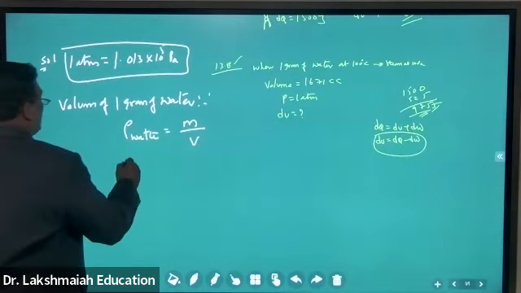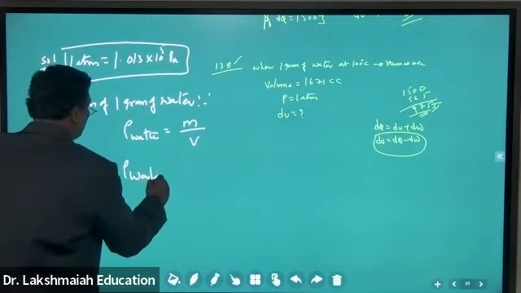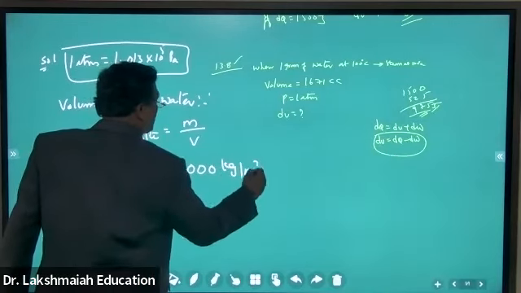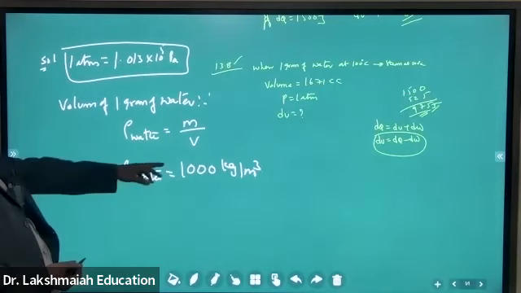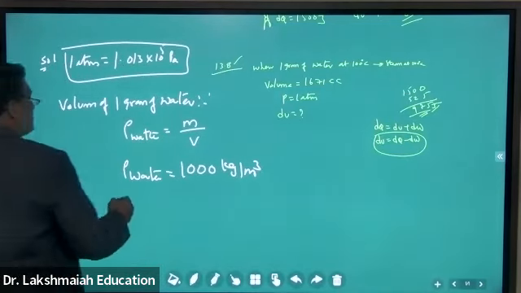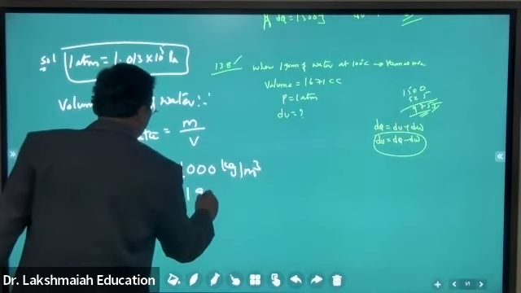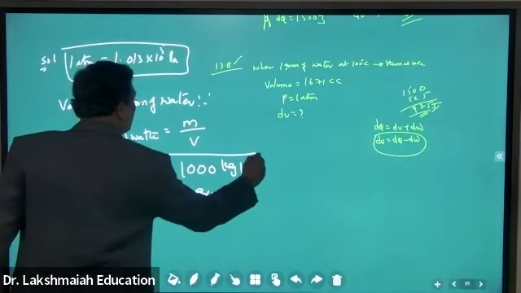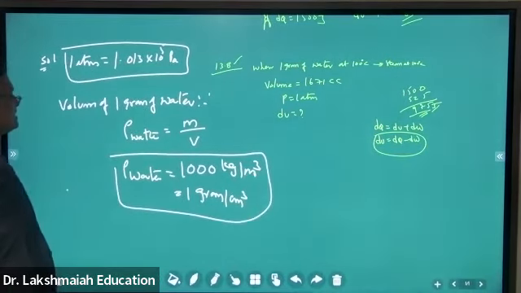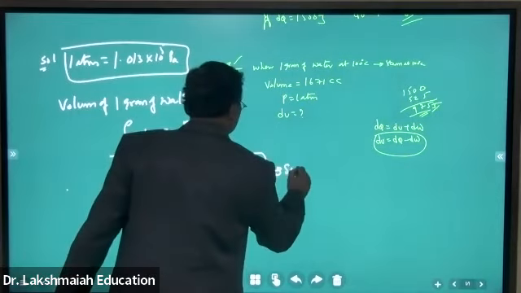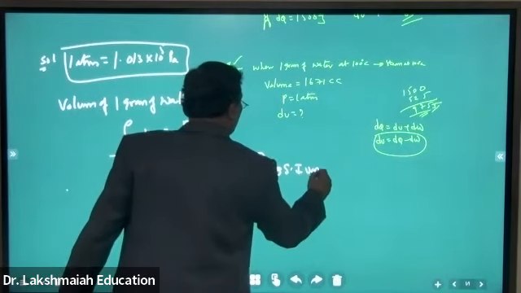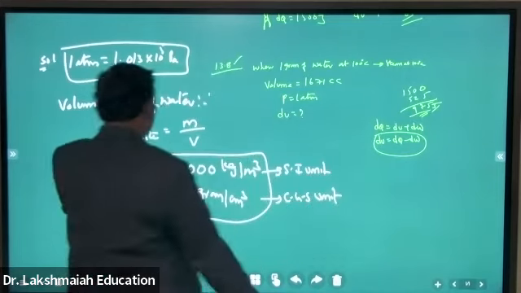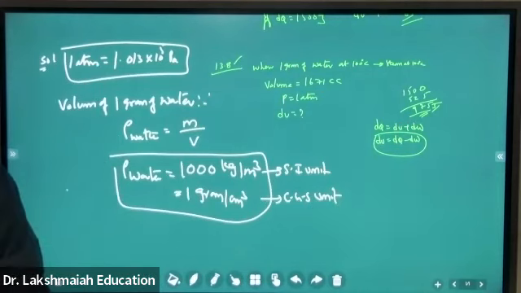Density of water is equal to 1000 kg per meter cube in the SI system. In the CGS system, it is 1 gram per centimeter cube. That is the density of water.